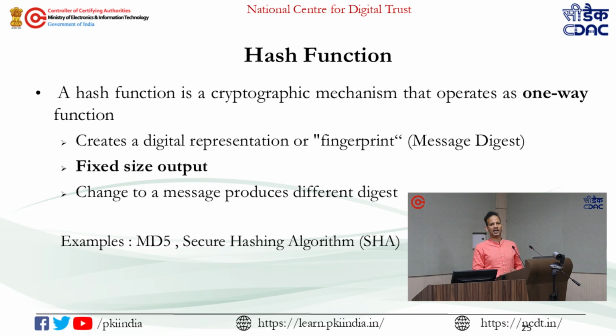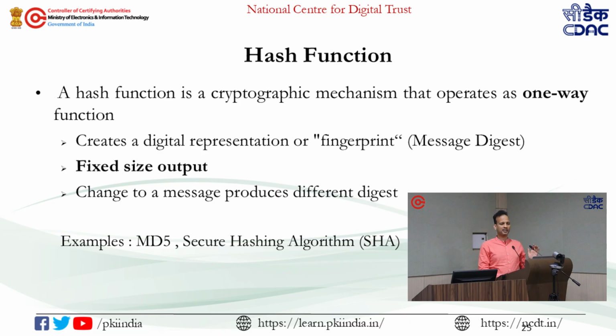So we'll start with the hash function. Now the hash function is important in the sense that it will be used to establish the integrity of the message, that whatever message I am sending, it is not altered. So hash function is a cryptographic mechanism that operates as a one-way function. One-way function means from input you can get the output, but from the output you cannot get back the input.